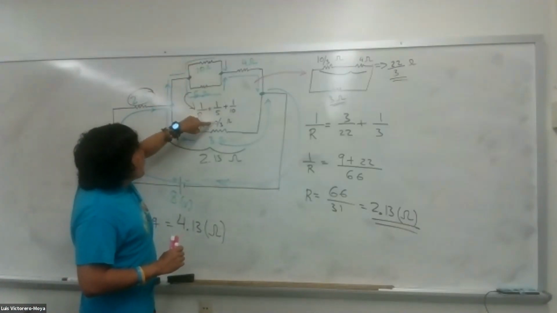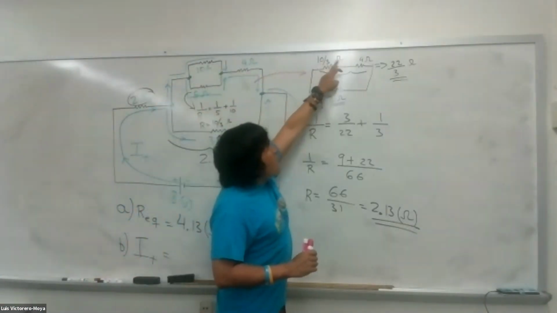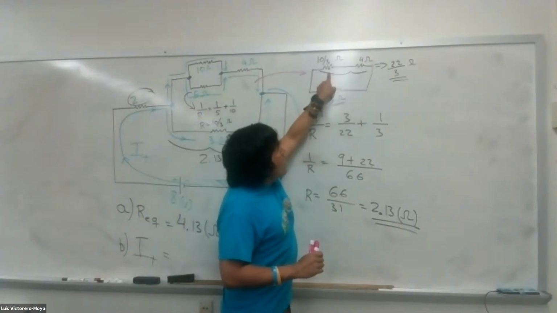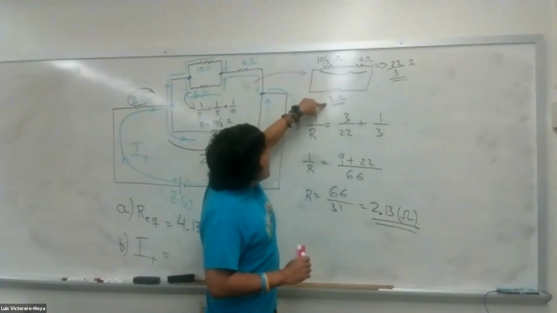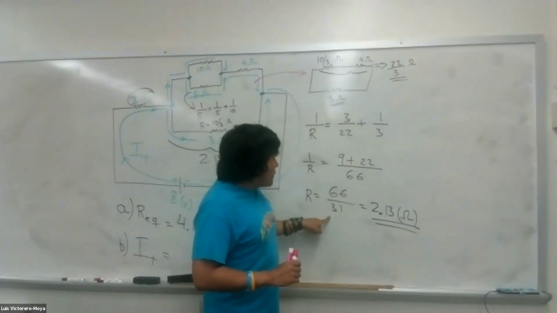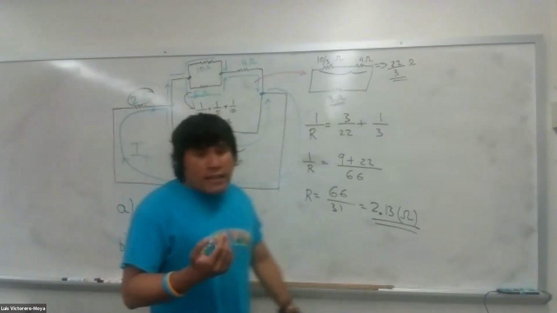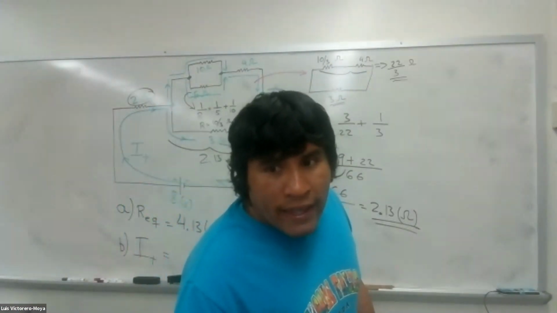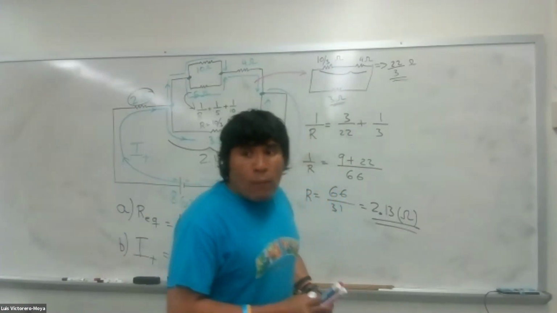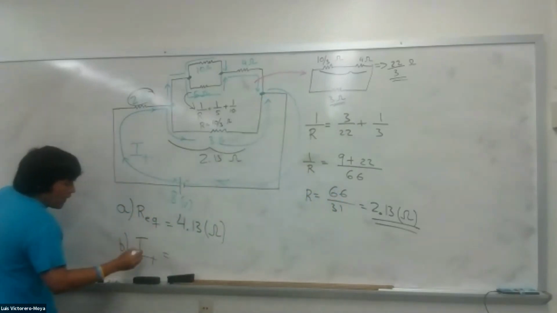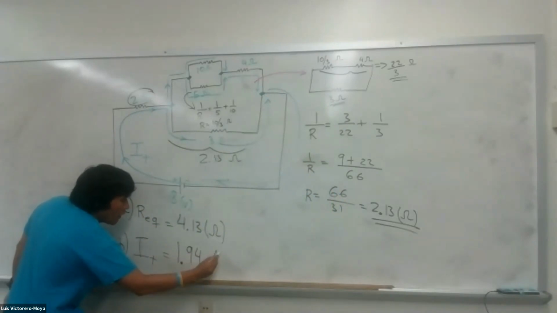You had a fraction for the equivalent here. Then I had them in series, and when you join them together, you get that. And then when you do the parallel between 3 and 22 over 3, you get this. And then with 2, you get that. And to find the current on the circuit, you just divide 8 by 4.13, 1.94. So the current on the circuit will be 1.94 amperes.